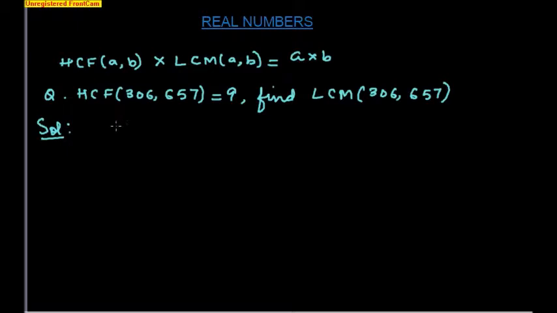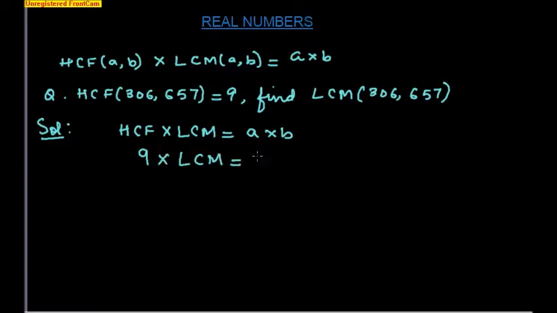I use HCF into LCM is equal to A into B. HCF is 9, LCM we don't know, so I write it as it is, and the numbers are 306 into 657.